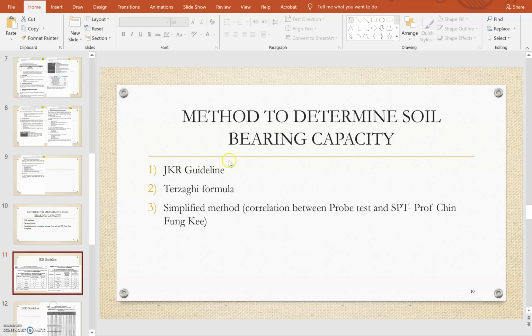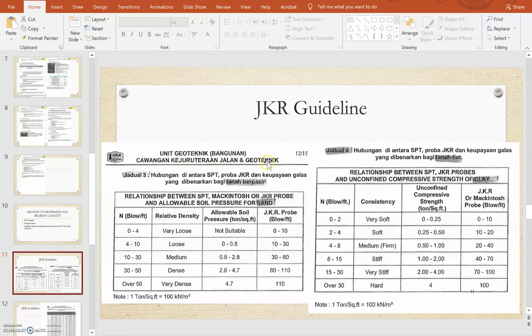Method number 1, JKR guidelines. This is like a standard value. You look at the number of blows from your SI report, and by that you can get the standard value for the bearing pressure, bearing capacity.